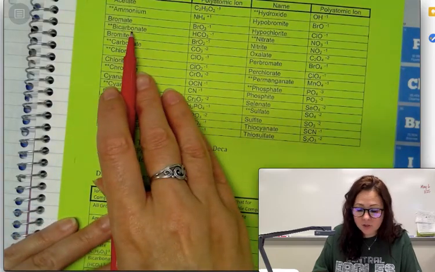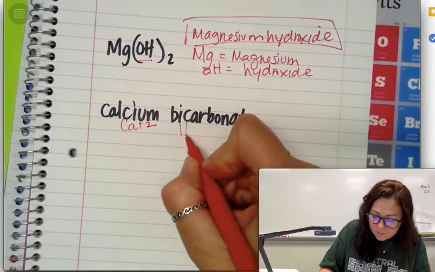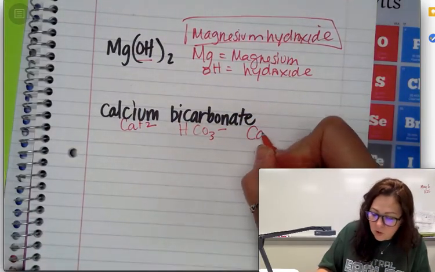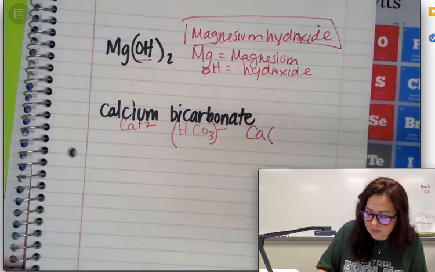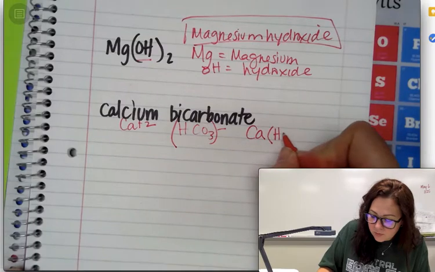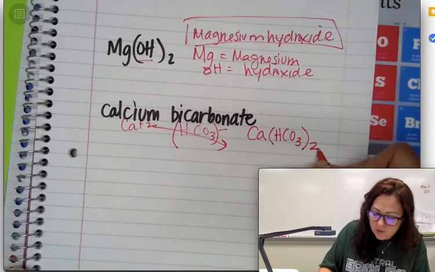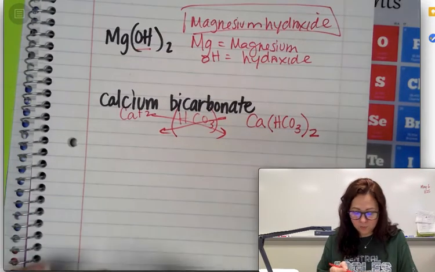It is HCO3 -1. So I'm going to swap and drop. So we have Ca, open parentheses because it's a polyatomic ion, and polyatomic ions go in parentheses. HCO3. The 2 travels over here. The 1 travels over here. So it's Ca and then HCO3 2.